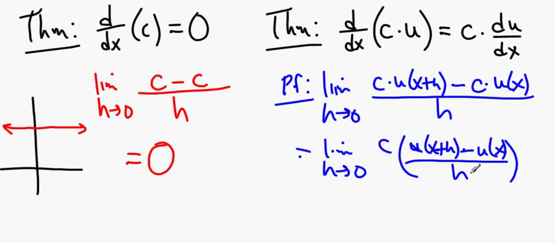Right? So what have I got? This c can come out to play, and what's left? The limit as h approaches 0 of this thing. Wait a minute. By definition, the limit as h approaches 0 of this thing is the derivative of u with respect to x. Oh, wow. Right. So, of course that makes sense.